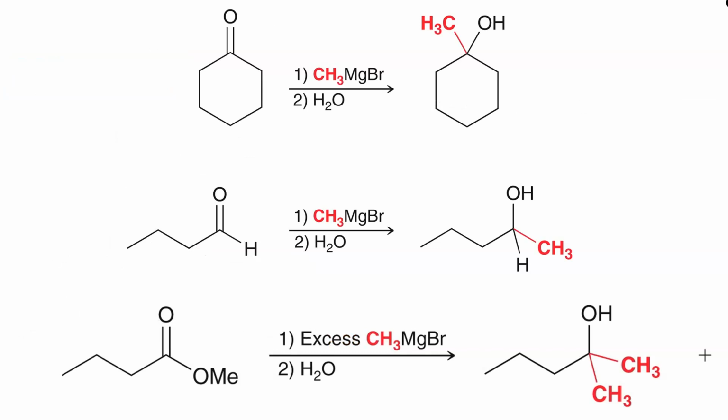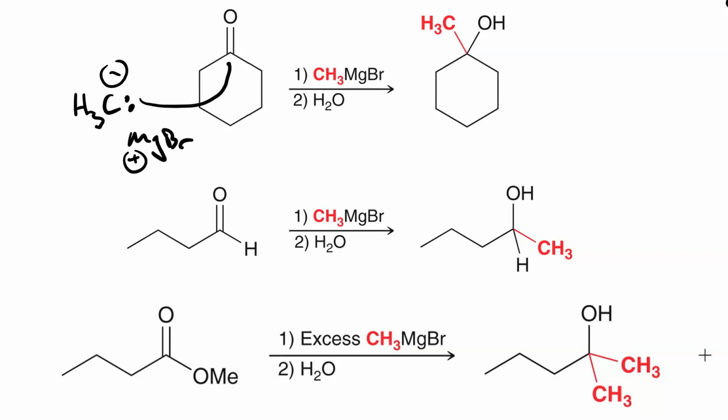So in the first step of our Grignard reaction, the Grignard reagent acts as a carbanion. Right, so methyl magnesium bromide, it's like a methide ion and a magnesium bromide cation.